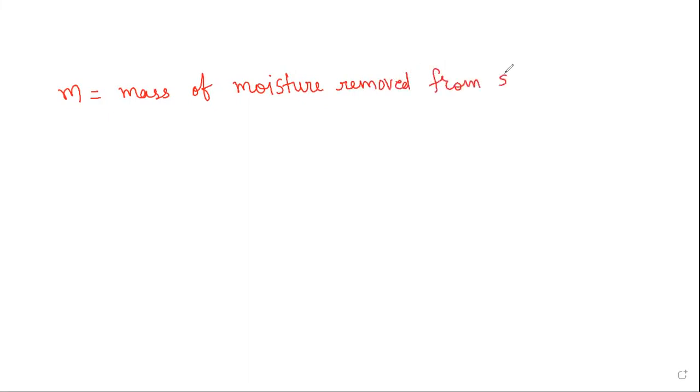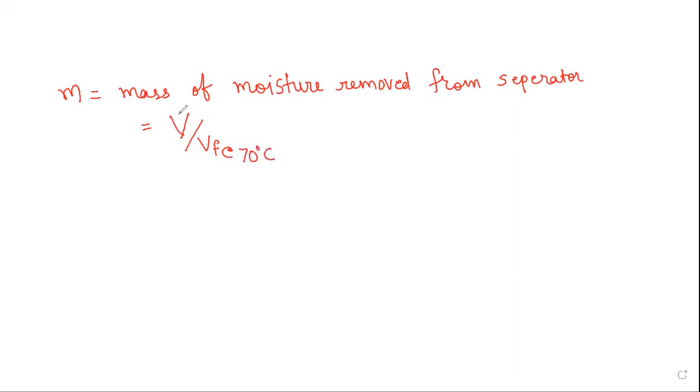And as you know, mass is volume upon specific volume. Now the specific volume has to be read at the temperature which is given, that is at 70 degrees centigrade, from the steam tables.